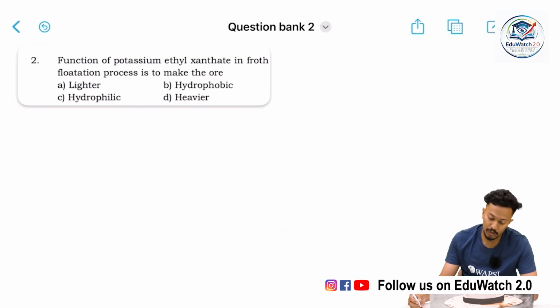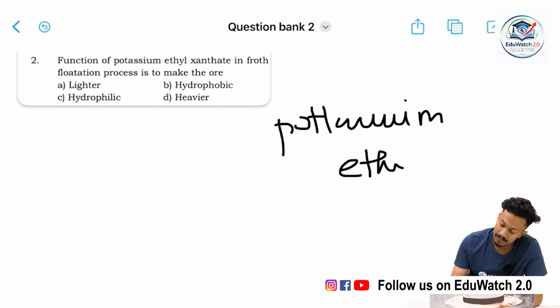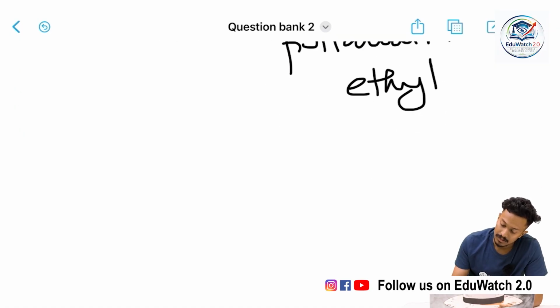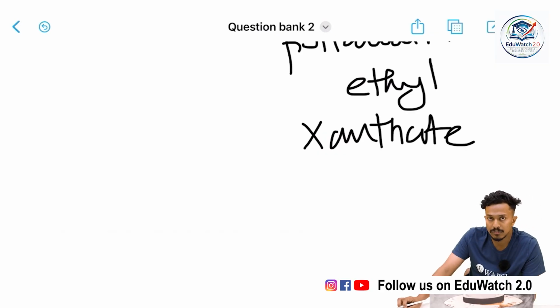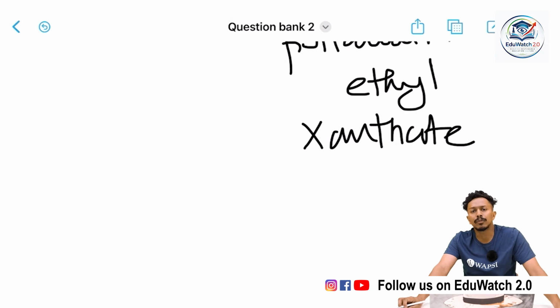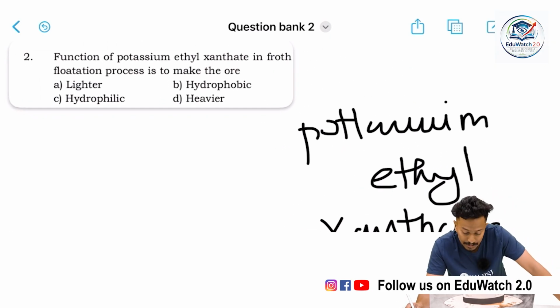Okay, we do know that potassium ethyl xanthate is a water repellent compound which is mainly used in the mining processes to repel the water in the hydrated form. So the correct option would be hydrophobic.